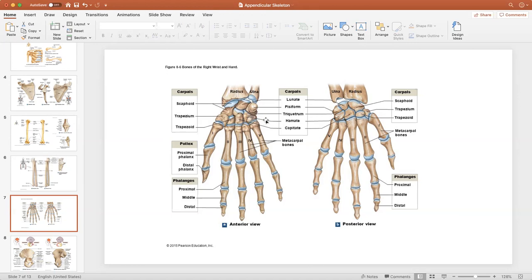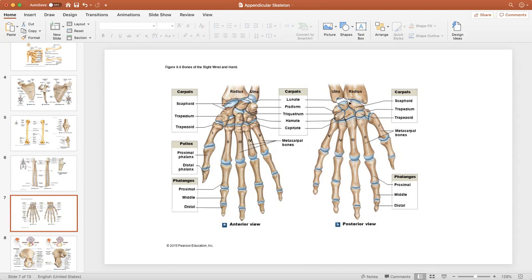So the hook of the hamate. The acronym that we learned in school was: some levers try positions that they can't handle. So scaphoid, lunate, triquetrum, pisiform, then trapezium, trapezoid, capitate, hamate. So come up with something like that that you can remember it with.